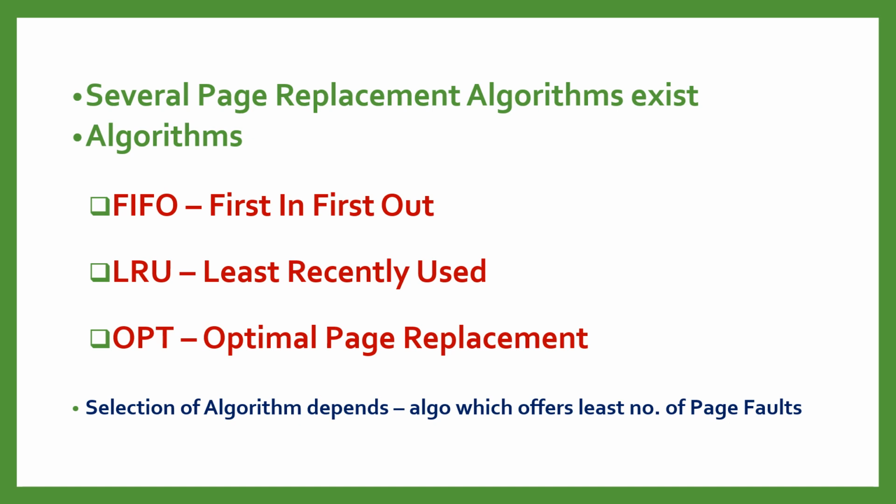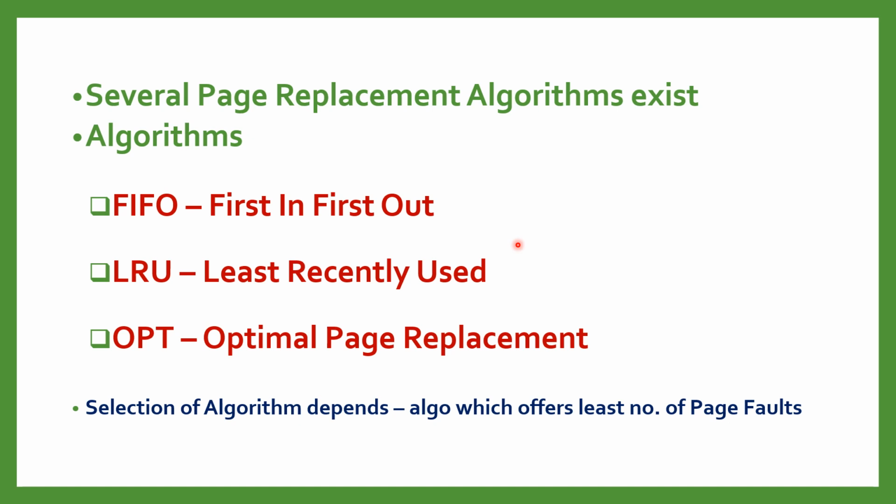Second is LRU. LRU stands for least recently used, and it will replace the page which is least recently used, and in place of that page it will load the new page.